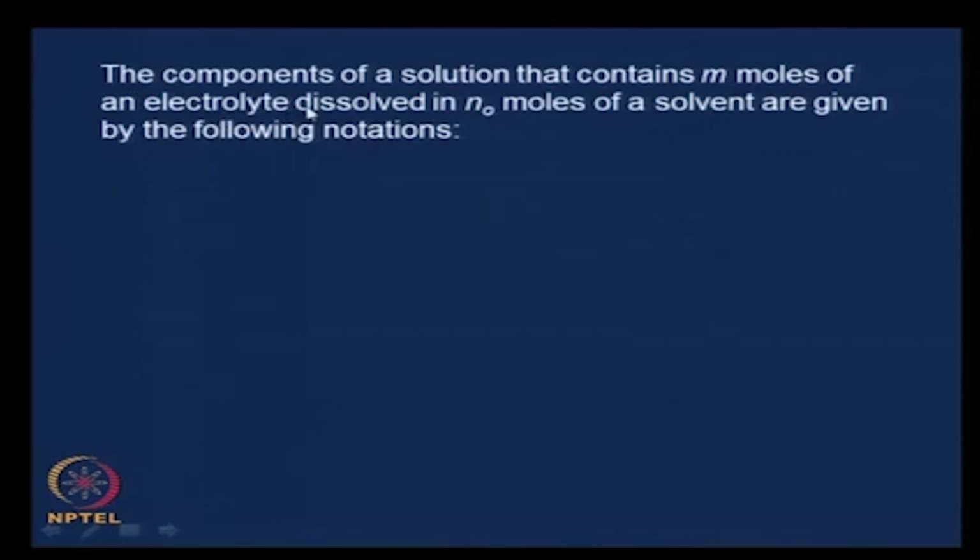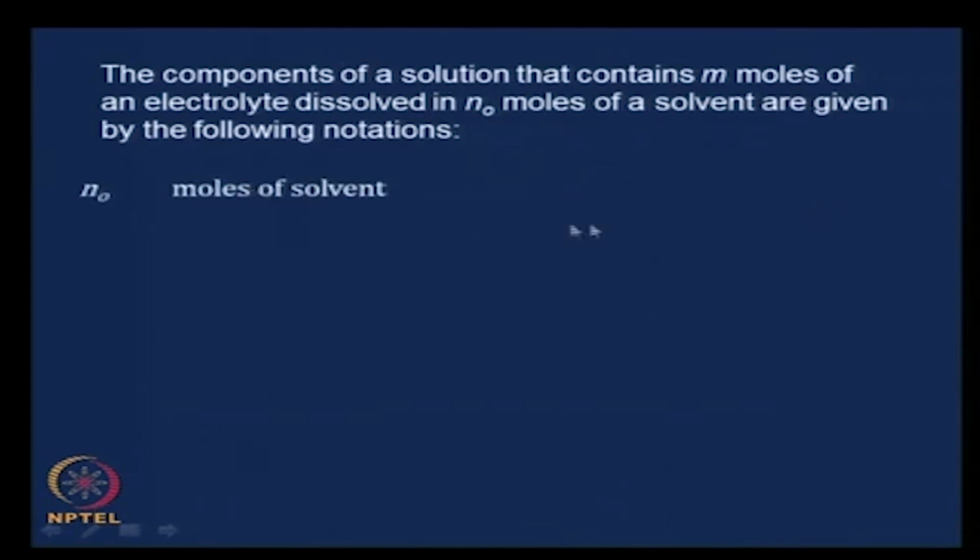You know how we represent our electrolyte, M nu plus A nu minus, dissolved in N0 moles of the solvent. This is how we will represent electrolytes in our formulations: m moles of an electrolyte dissolved in N0 moles of the solvent.